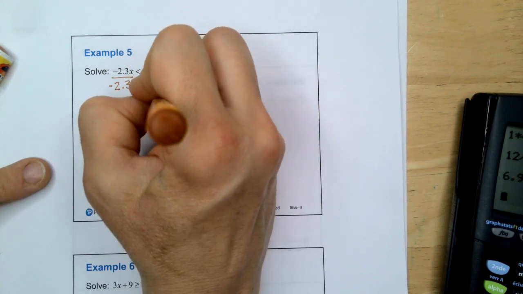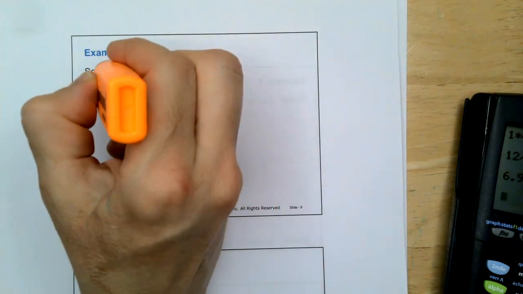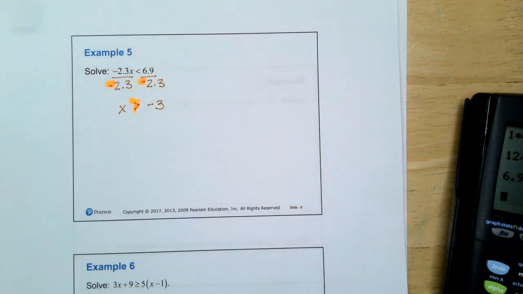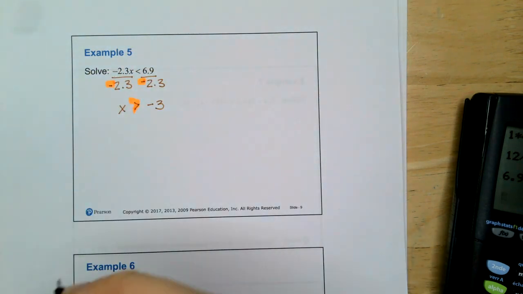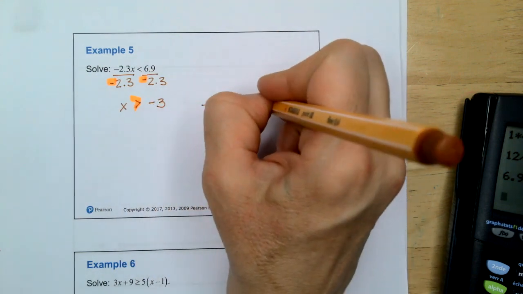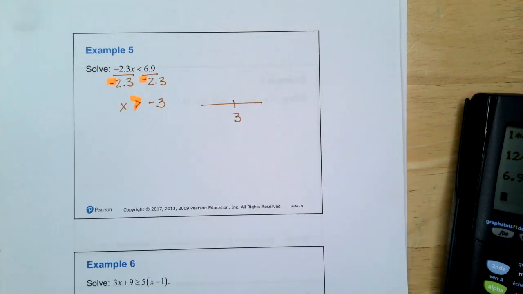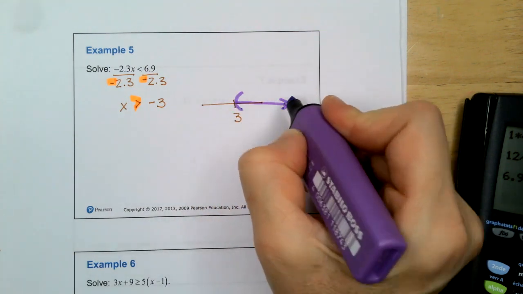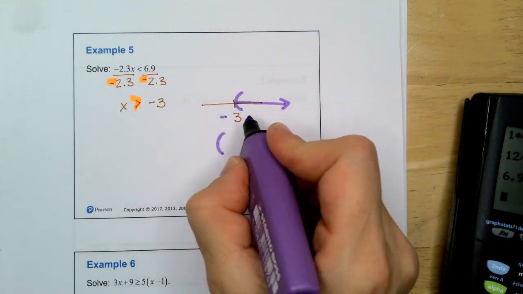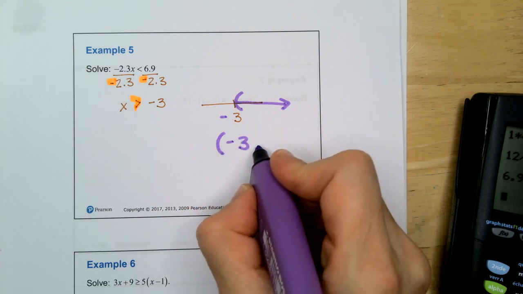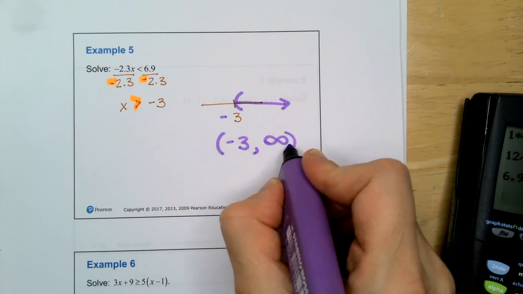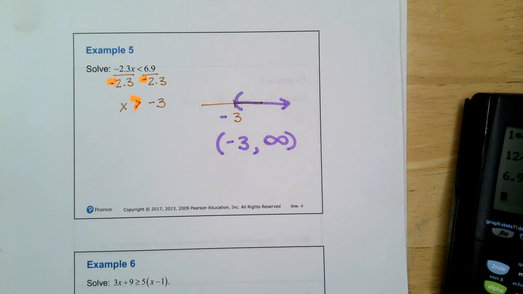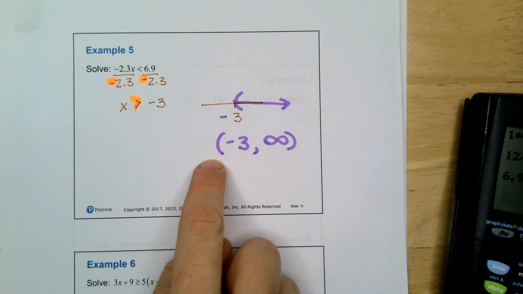X over here, negative 3 over here, but because we divided by that negative, we had to flip the sign. Okay? The graph for x is greater than negative 3 is going to be, here's 3. X is greater than negative 3, so that means it's a negative 3. It starts at negative 3, goes forever in the positive direction. It does not include negative 3, so it's a parentheses.